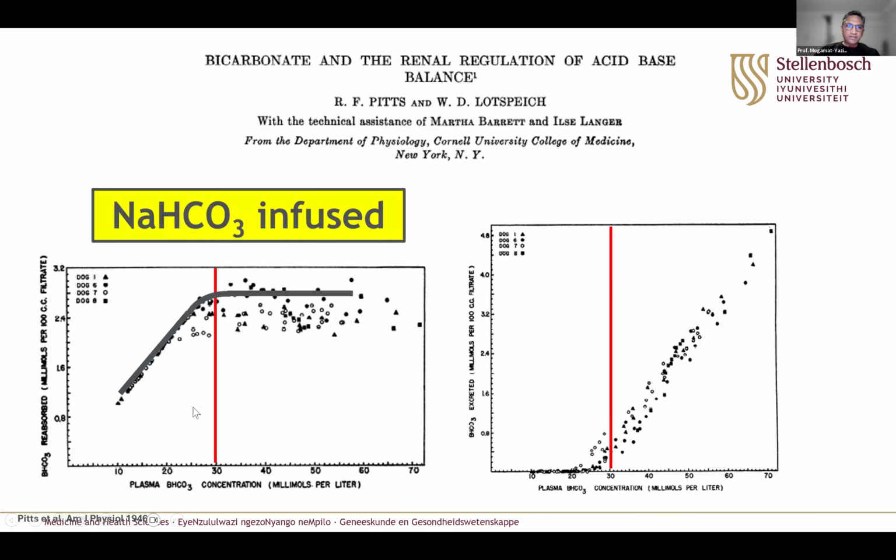The issue, however, is that they were infusing bicarbonate along with sodium. And hypovolemia is actually the trigger for bicarbonate reabsorption. As I mentioned earlier in the other case, sodium content determines the ECF volume.